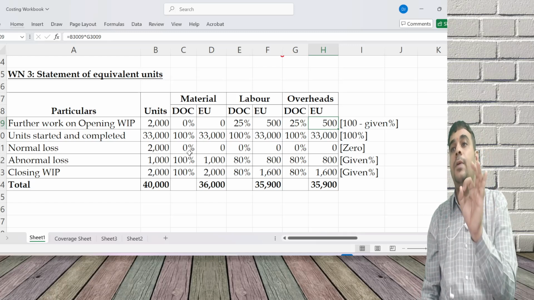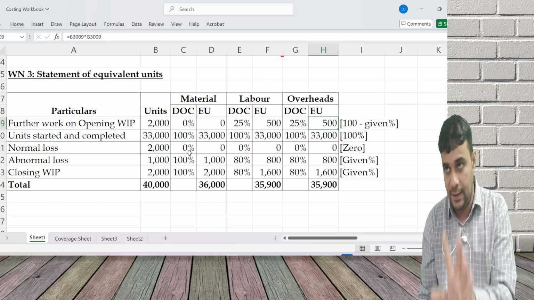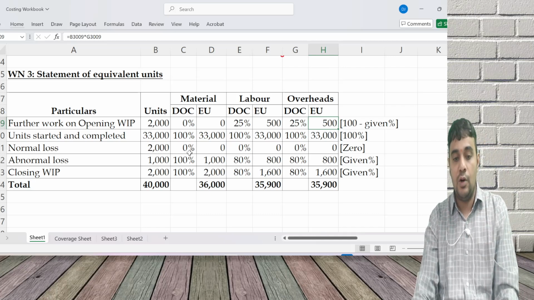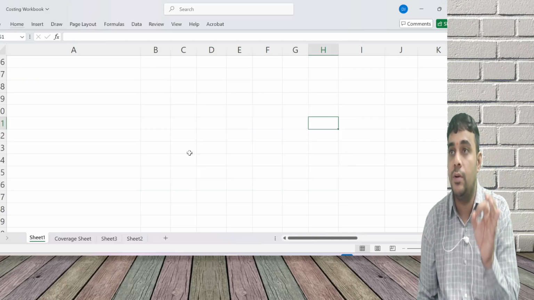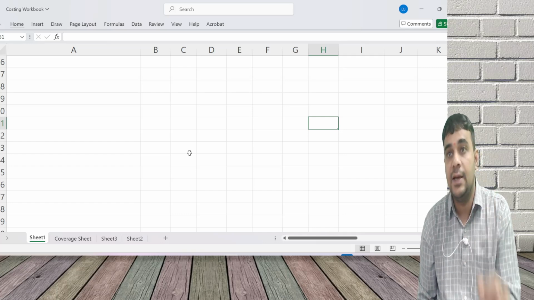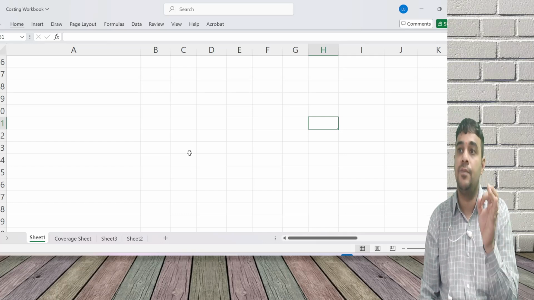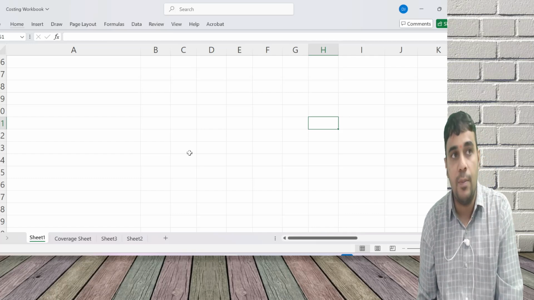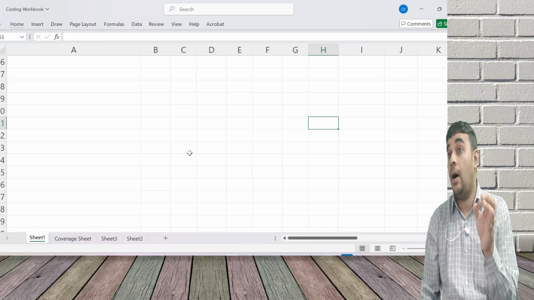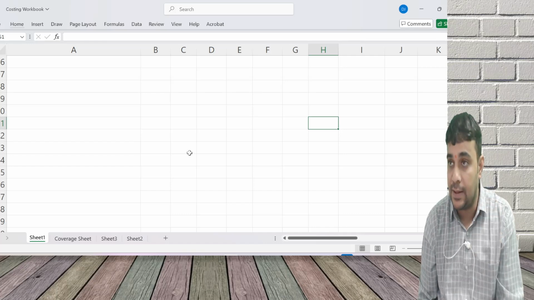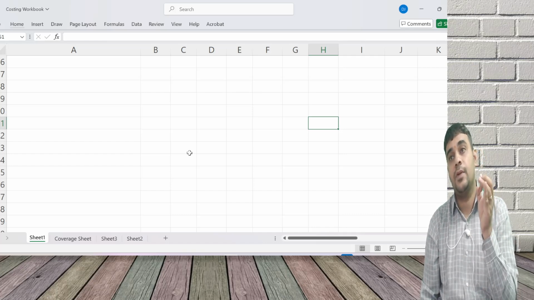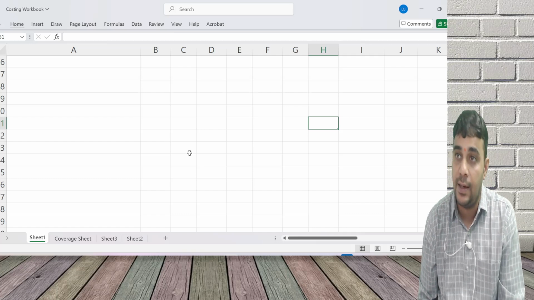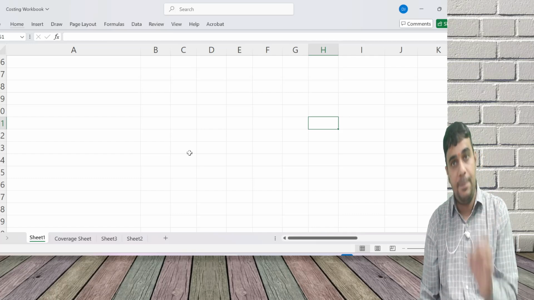Further work on opening WIP: 100 minus given percent. Normal loss 0%. Abnormal loss: given percentage. Closing work in progress: given percentage. Unit started and completed 100%.